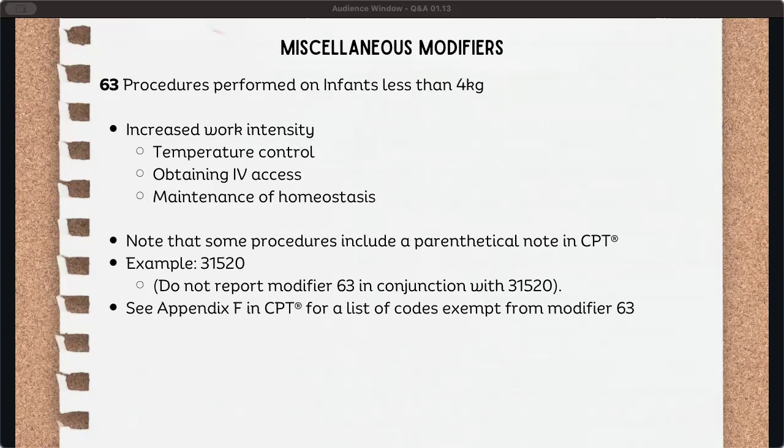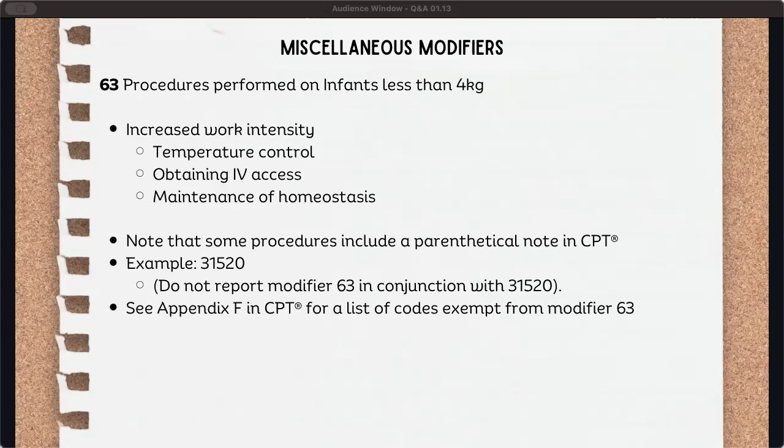And then lastly, we have modifier 63. So modifier 63 is going to be used for procedures that are performed on infants that weigh less than 4 kilograms. So this is going to have an increased complexity of physician work associated with these patients. And it's going to be like your temperature control, obtaining your IV access, and just making sure that the patient is stable in general.